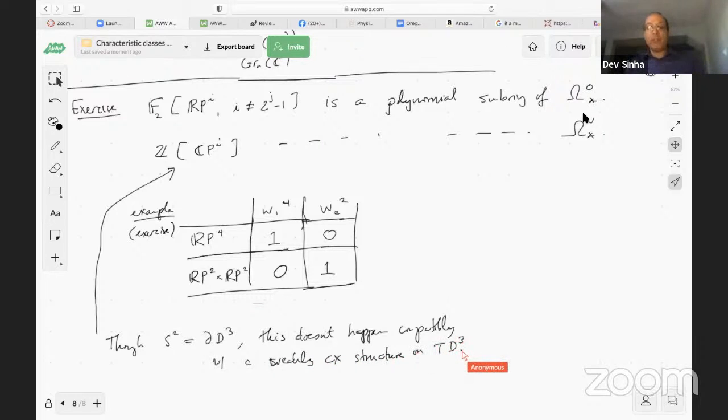So your calculations there include things like CP1 is S2, and you might be surprised because S2 is 0 in the oriented Bordism ring, omega SO, but it's non-zero in omega U when you give it the weakly complex structure natural to CP1. And yeah, that takes a little getting used to.